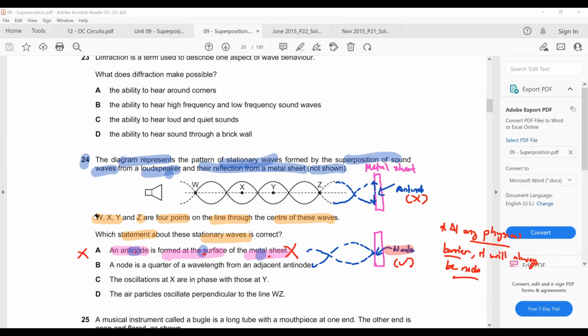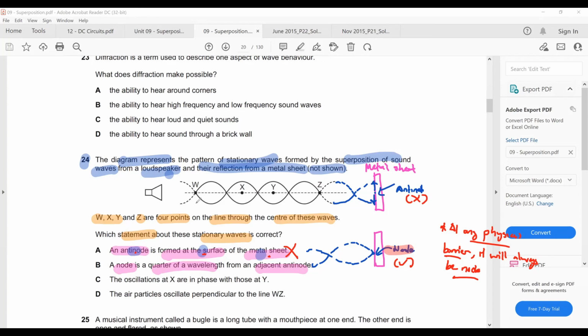You want to choose the correct answer. Then the next statement: a node is a quarter of a wavelength from an adjacent antinode. Basically, it could mean something like this.